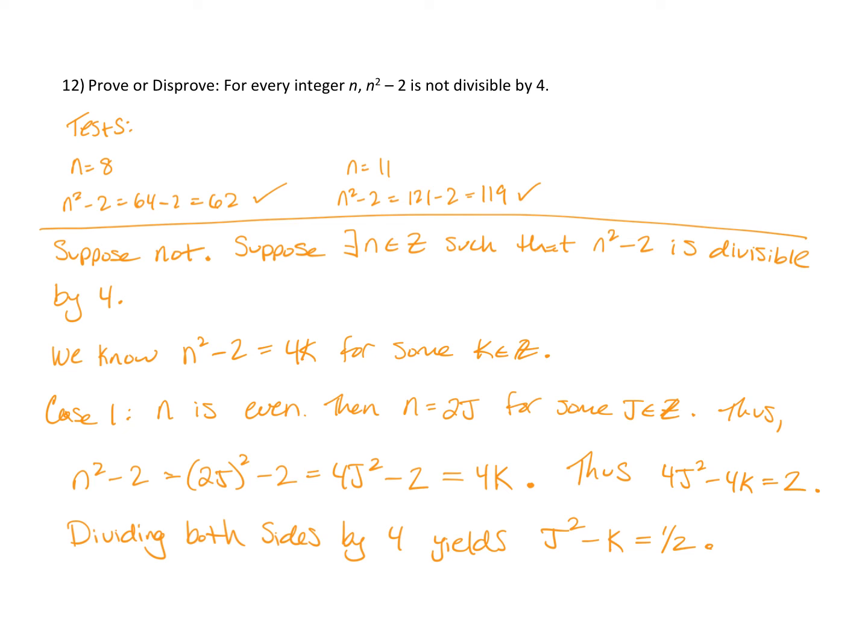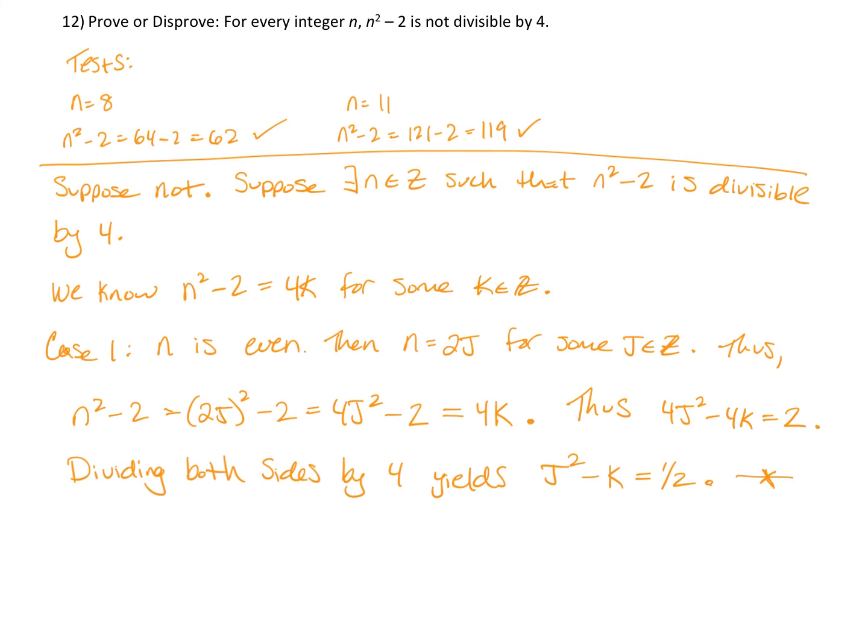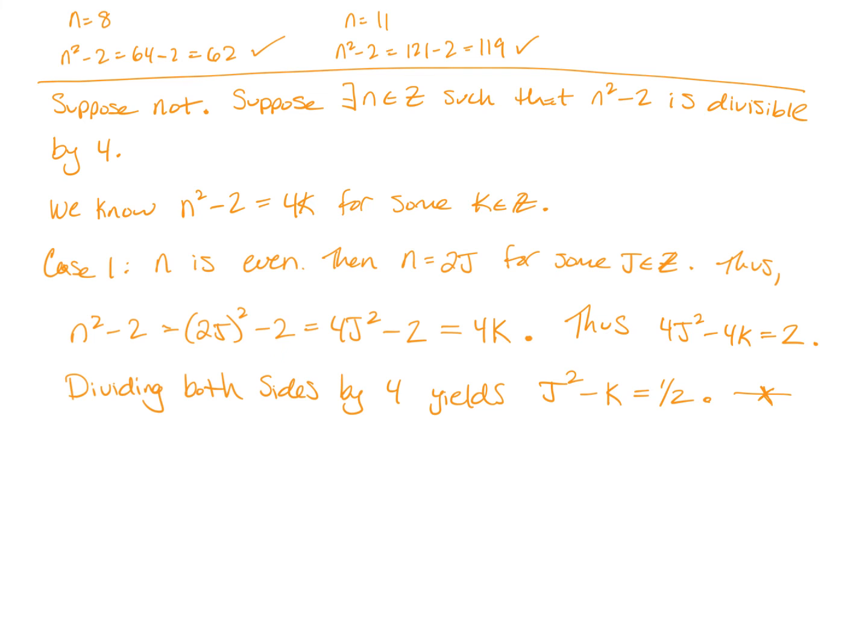Common symbol for contradiction is two arrows facing each other. And I just have to write one last sentence to explain. Okay. Since j squared minus k is an integer, we have reached a contradiction.